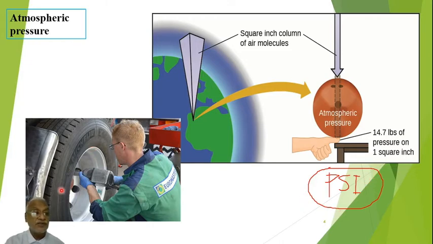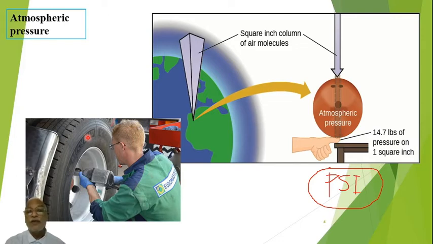Because instead of 33, if he fills 32, there is hardly any difference, right? But if the same pressure is measured in kg per square centimeter, there will be a vast difference between 1 kg per square centimeter and 2 kg per square centimeter. We'll see it in later stages.